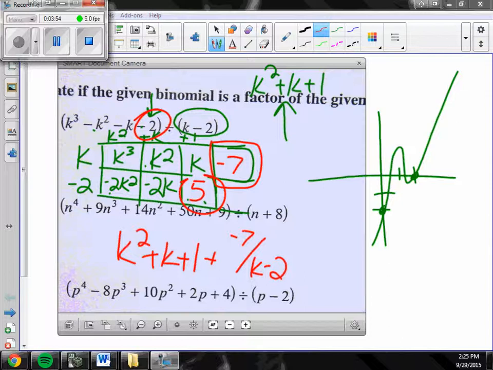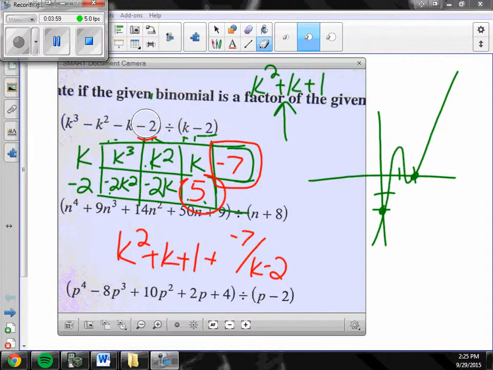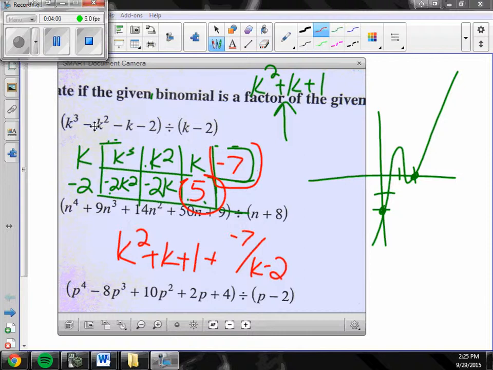And the answer is, if you look at the factor that you're dividing, so I'm looking at k minus 2. If I set that equal to 0, I get the root k equals 2. Now, if k minus 2 is a factor and I plug in 2, I should get 0, right?